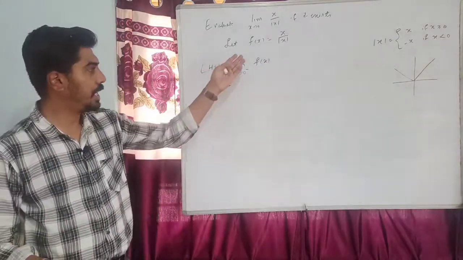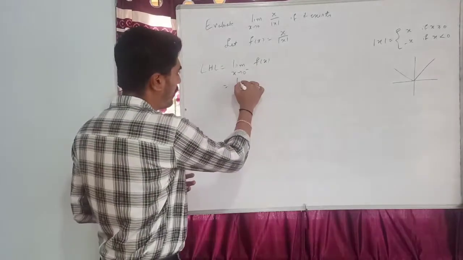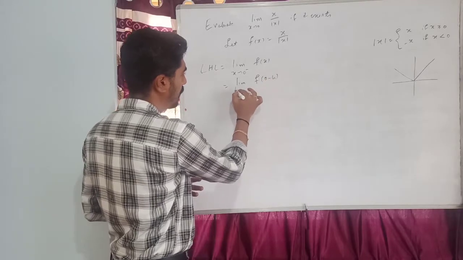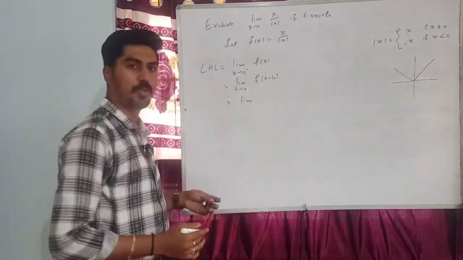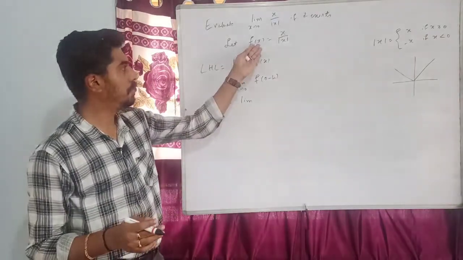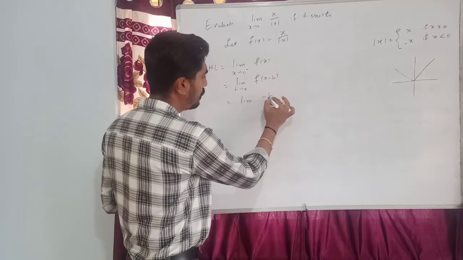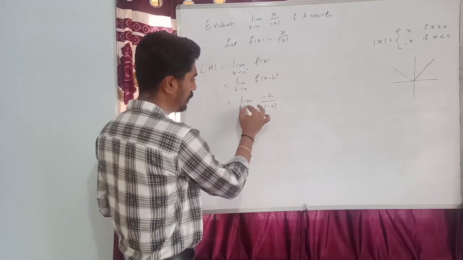I substitute x equal to 0 minus h and let h tend to 0. Limit of f of 0 minus h as h tends to 0. And this is equal to, since f of x is x by mod x, minus h by mod of minus h as h tends to 0.